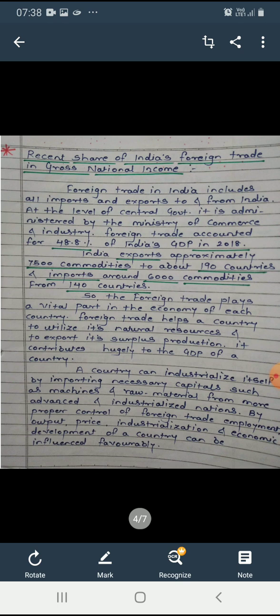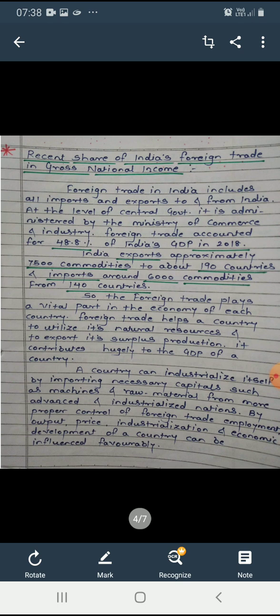Foreign trade accounted for 48.8% of India's GDP, the gross domestic product, in 2018. India exports approximately 7,500 commodities to about 190 countries and imports around 6,000 commodities from 140 countries.